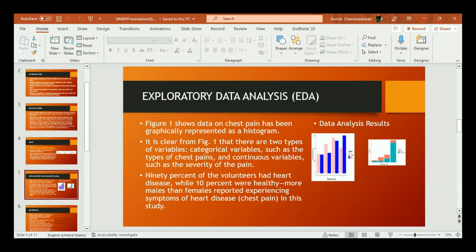And then 90% of the volunteers have heart disease, while 10% of them are males, and females report the symptoms of heart disease in this study.